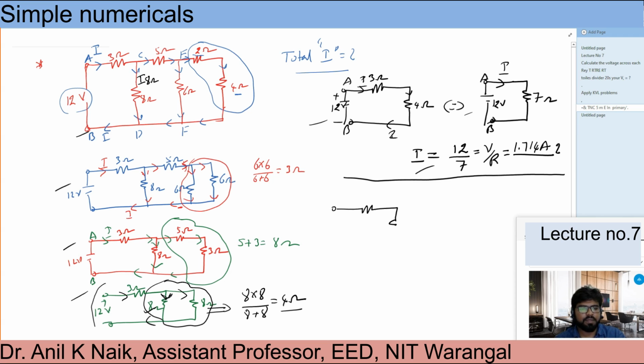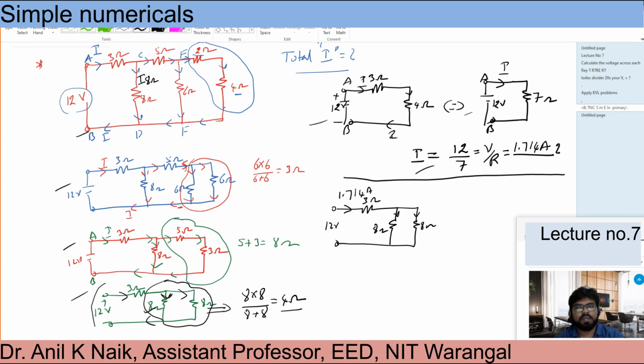Now this is the reduced circuit I have, 12 volts and 3 ohms. So I already know the total current flowing is 1.714 amperes, and this is 8 ohms and 8 ohms. Now I need to find the current flowing in this resistance. You can assume the currents in these resistances as I1 and I2.